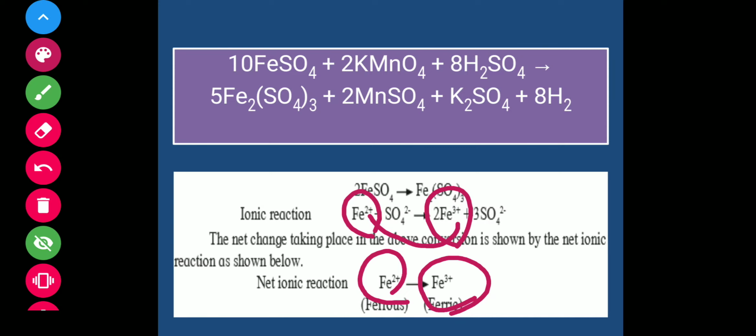So this net ionic reaction represents oxidation brought about by acidic KMnO4. When ferric ion is formed from ferrous ion, the positive charge is increased by 1 unit. While this happens, the ferrous ion loses an electron. From this we can understand the new definition which we have seen in the previous slide: oxidation means losing one or more electrons.